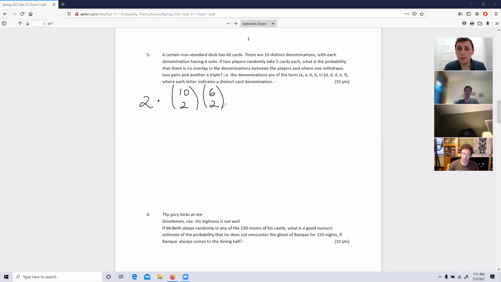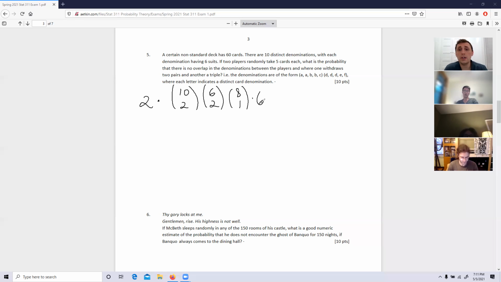So that's the suit values. Now next I can say, what about the remaining card? Well, from 10 choose 2, so we have 8. Now 8 choose 1 times 6 for its suit. And I'm done with person number 1. I mean, that's the selection for person 1.